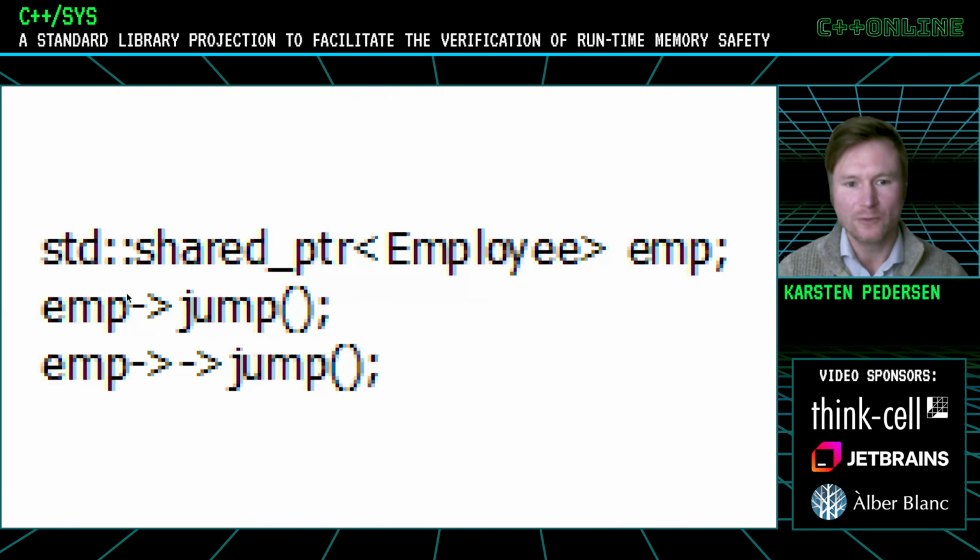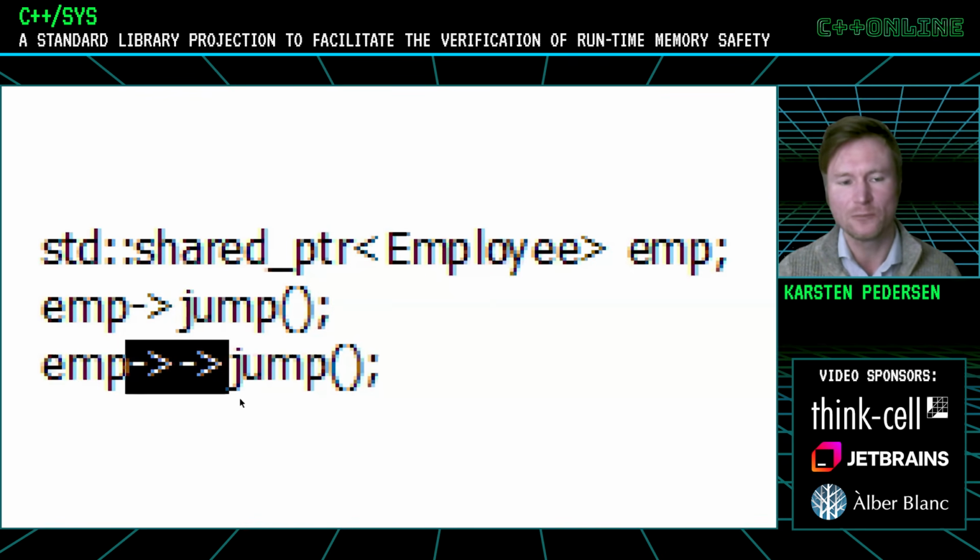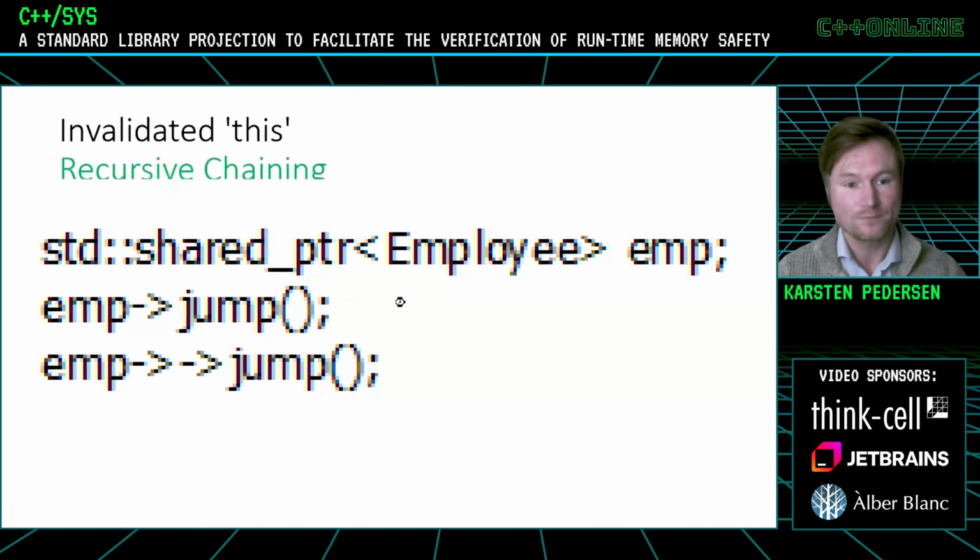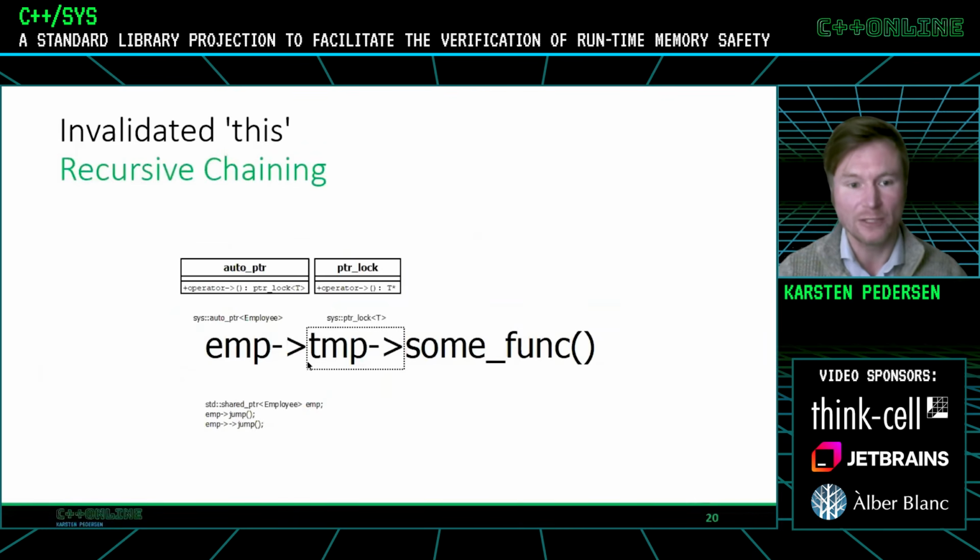It's first returning the underlying raw pointer that's held by the shared pointer, but it's also then dereferencing that raw pointer. So it's effectively doing two things. So you don't need to specifically do anything like that. It happens all behind the scenes, and that's basically that recursive chaining in operation.